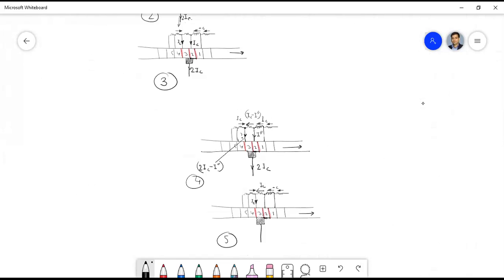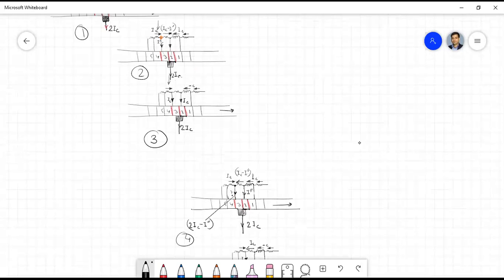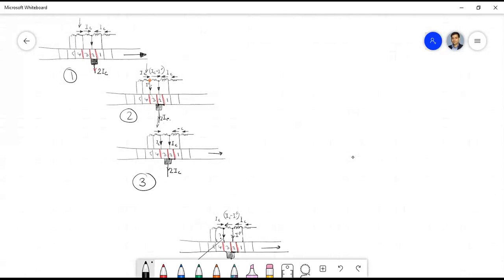So I think you have understood which coil is here under commutation. If you observe the current in the coil under commutation, initially, in the first instant, it was Ic. Then in the second instant it was Ic minus I prime.